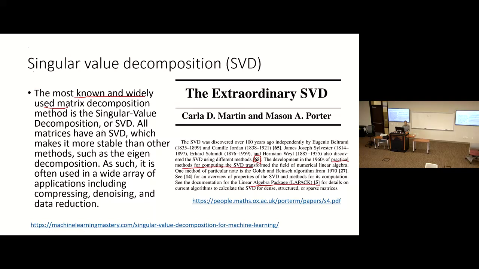And it applies to any shape of matrix. Remember, eigen decomposition is only applicable for a square matrix.